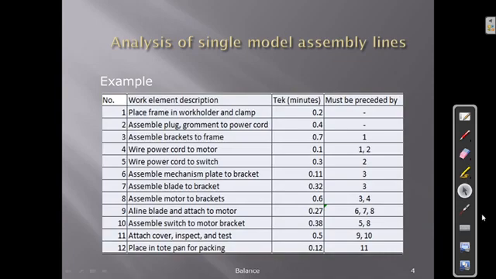This is the tabular column given. There are the numbers and the work element descriptions: place frame in work holder and clamp, assemble plug to power cord, assemble brackets to frame, wire power cord to motor, wire power cord to switch, assemble mechanism.